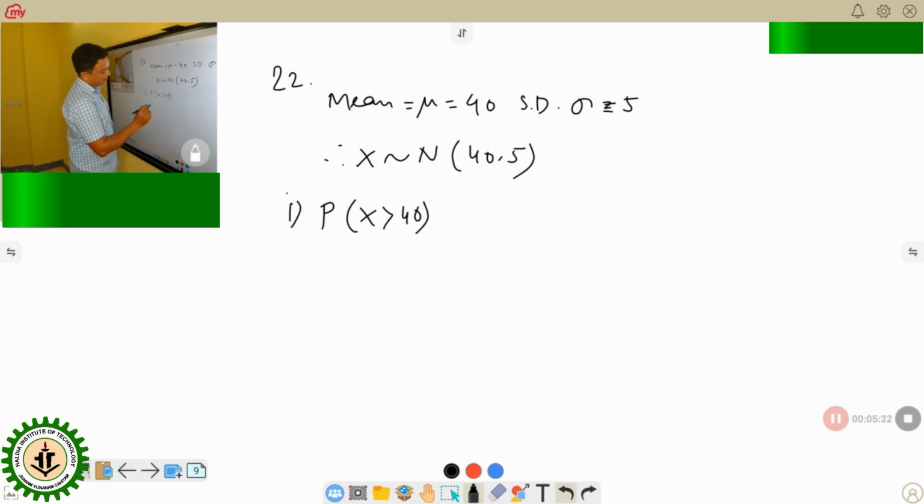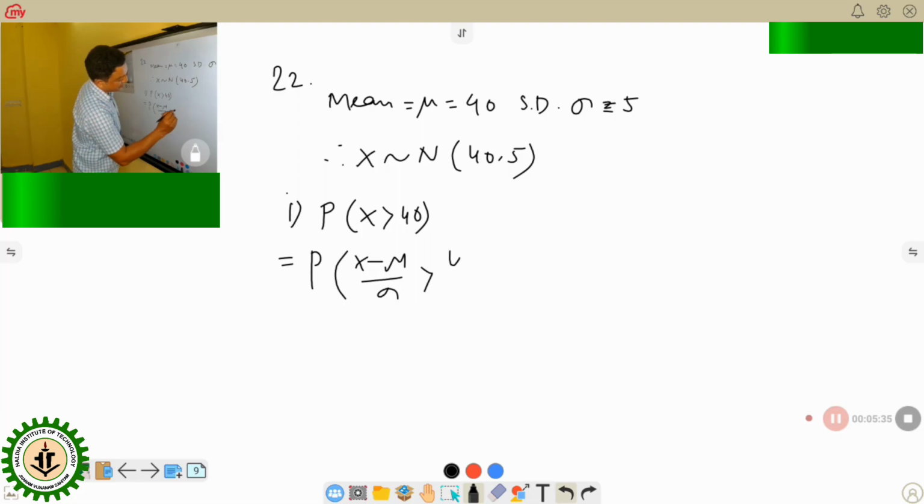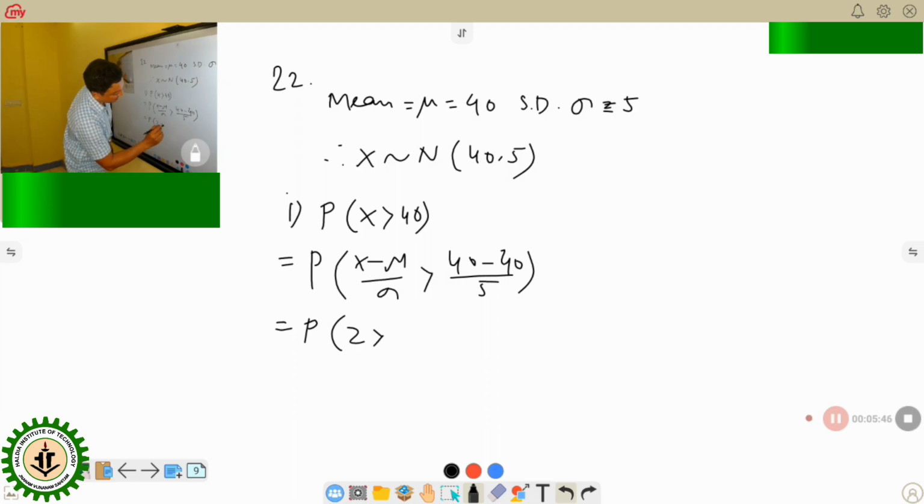After writing this, you will transform this equation from X to Z with the same formula, X minus mu divided by sigma. So I'm writing probability of X minus mu divided by sigma greater than 40 minus mu divided by sigma. What is the mu value? It equals 40 and the sigma value equals 5. So you are getting probability of Z greater than 0.